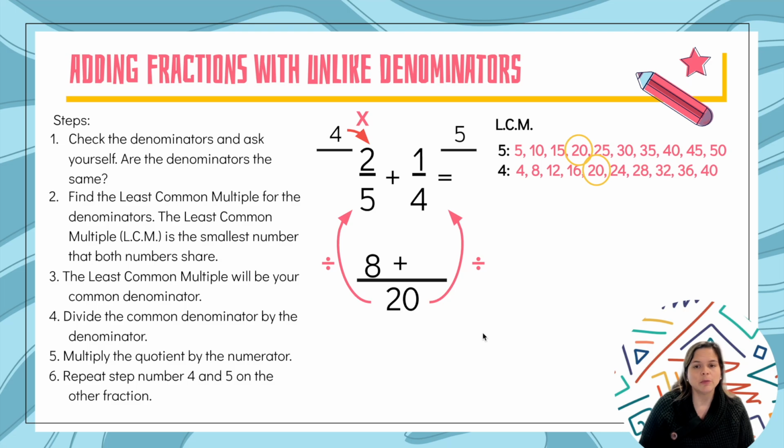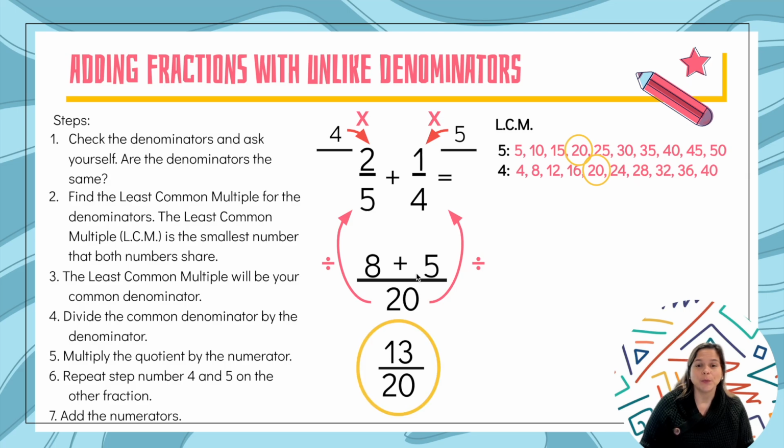And now we multiply the quotient times the numerator, 5 times 1, 5. Excellent. And last but not least, we need to check and add the numerators. So 8 plus 5 is equals to 13, and our denominator is going to be 20. That's our answer. So 2/5 plus 1/4 is equals to 13/20. Good job.